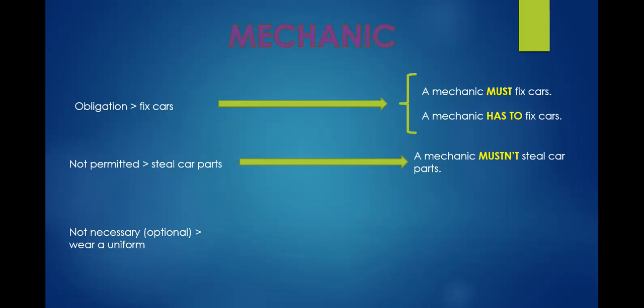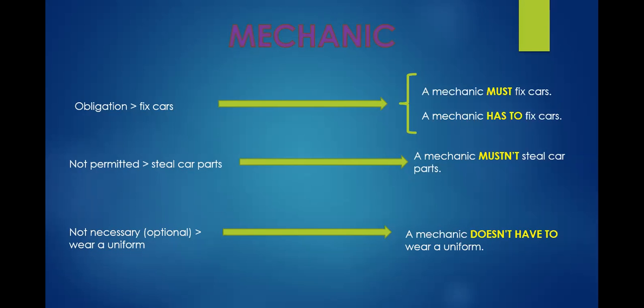It's still an obligation imposed on somebody, an obligation to restrain ourselves from doing something. When something is not necessary, we say a mechanic doesn't have to wear a uniform. Well, that's the resulting example of the information that I gave of something that is not necessary. A mechanic doesn't have to wear a uniform. Okay, those are the examples that we have.